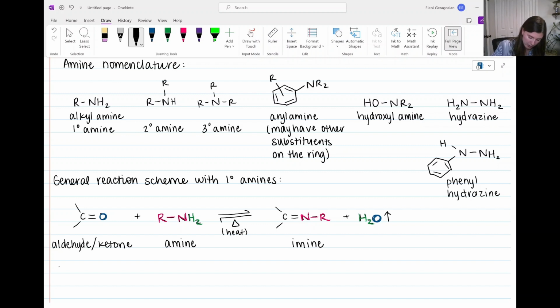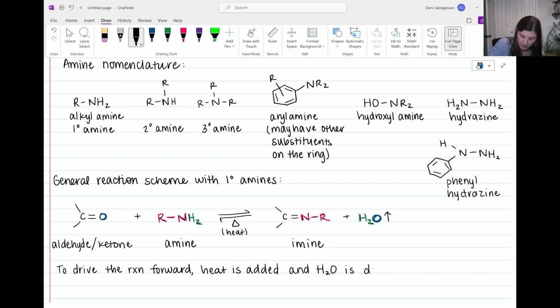To drive the reaction forward, heat is added and H2O is distilled off.